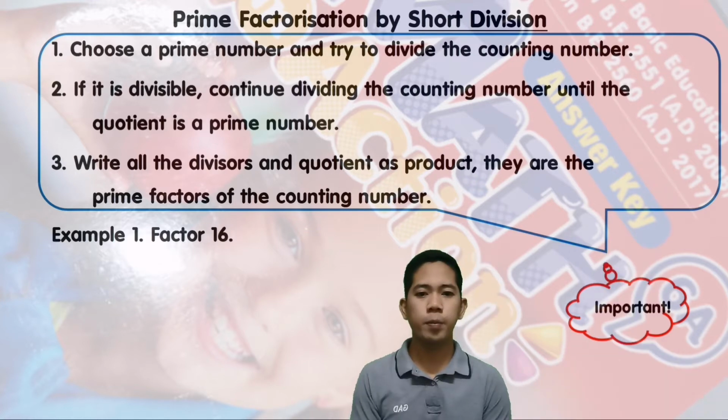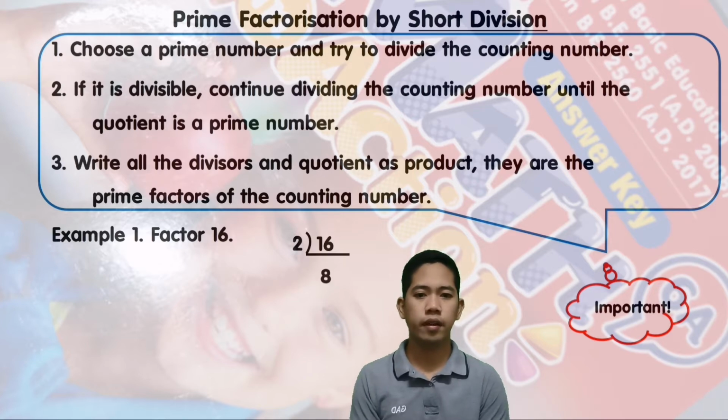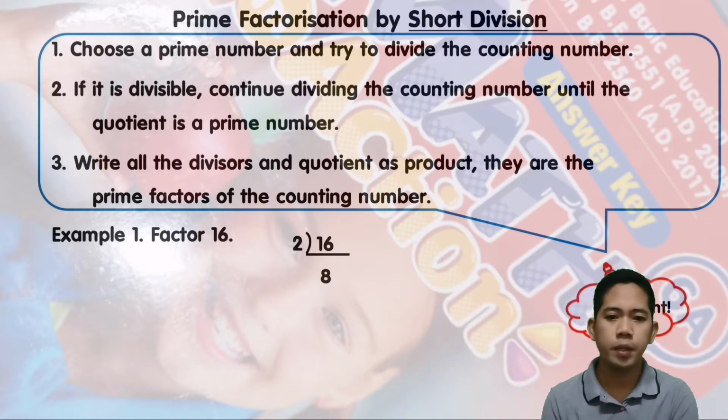Let us think of a prime number that can divide 16. Do you know what prime number can divide 16? Yes, it is 2. So, what is 16 divided by 2? Okay, it is 8. Is 8 a prime number?